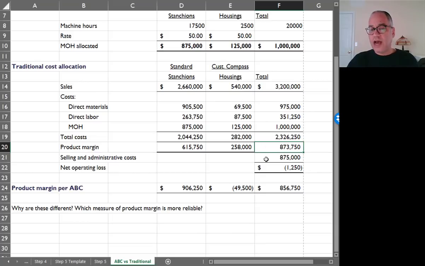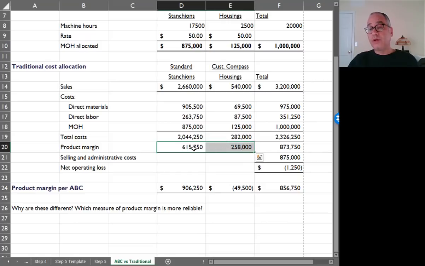Now you subtract the selling and administrative costs, which we don't allocate because they're period costs, if you remember, from the previous chapters. And then you get a net operating loss of $1,250. So this gives us a very different result than activity-based costing. Activity-based costing told us that we're making a lot of money on stanchions and we're losing money on Custom Compass housings.